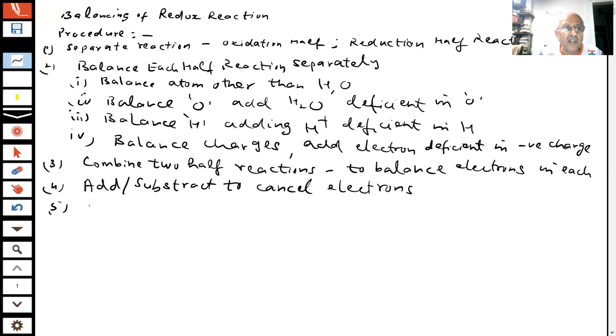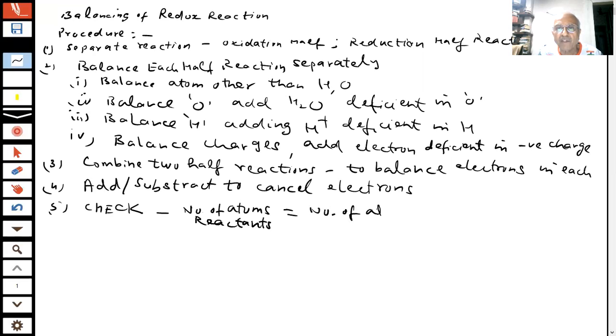Finally, you will check the answer. How do you check whether the answer is right or wrong? You see that the number of atoms of each type on the reactants side is equal to the number of atoms of each type on the product side.